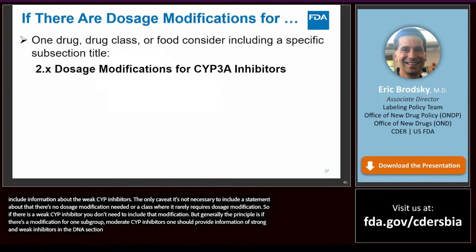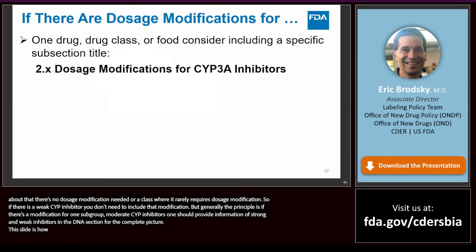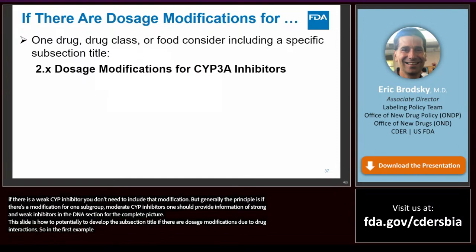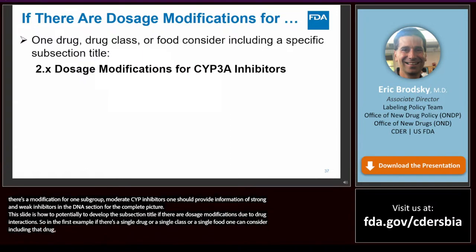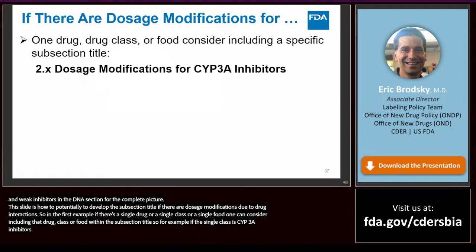This slide is about how to potentially develop the subsection title if there are dosage modifications due to drug interactions. In the first example, if there's a single drug, a single class, or a single food, one can consider including that drug, class, or food within the subsection title. For example, if the single class is CYP3A inhibitors, one would use a title such as dosage modifications for CYP3A inhibitors.